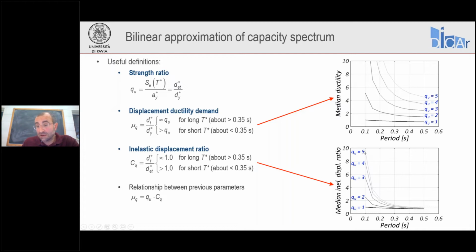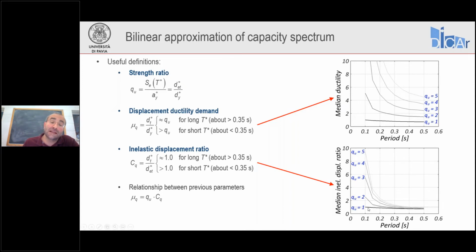And you can see it also here from the inelastic displacement ratios that they all tend to 1 as the period increases. The problem is for short period structures, for periods usually shorter than 0.35 seconds, because here the ductility demand becomes quite greater than the strength ratio, or equivalently, C sub Q is quite greater than 1.